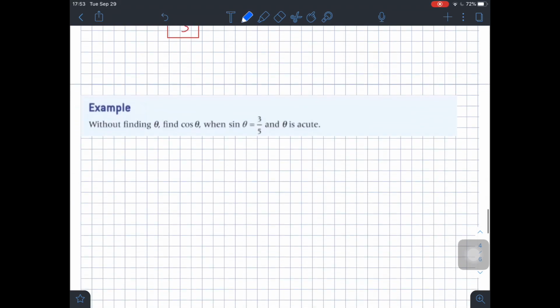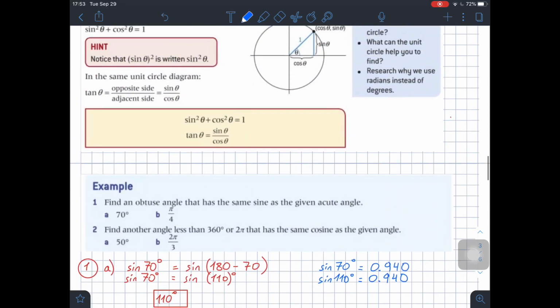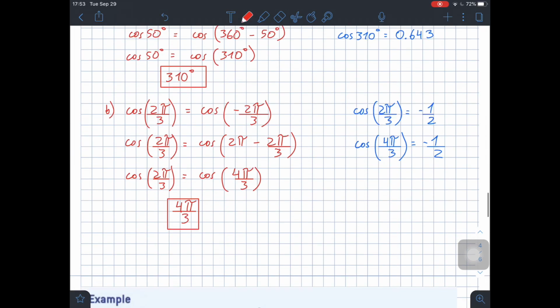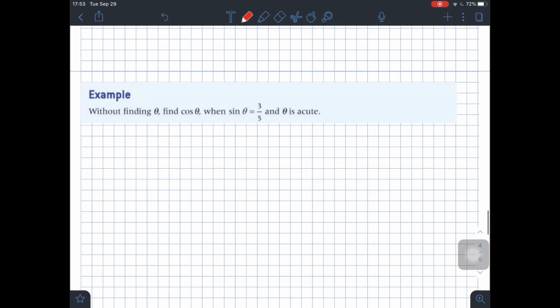Now let's see this last example in which we're going to apply the first trigonometric identity we're learning today. So it says, without finding theta, find cosine of theta when sine of the angle is 3 over 5 and theta is acute. By telling me that theta is acute, we are saying that the angle is in first quadrant.